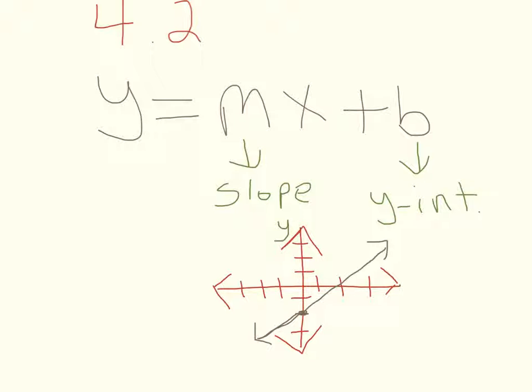Now, the y-axis is the axis that's vertical. The x-axis is the axis that's horizontal. So in this case, we could simply say that our y-intercept, b, would equal -2.